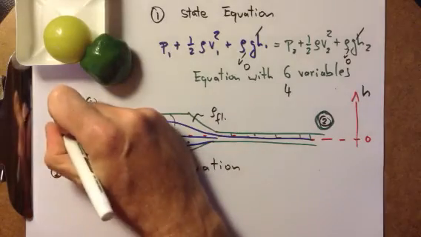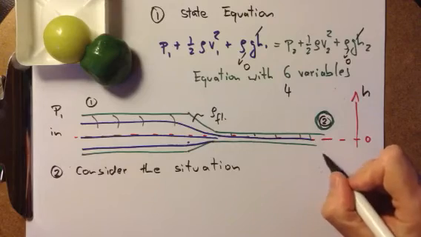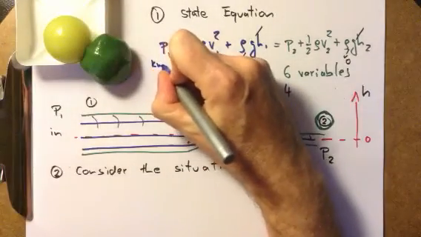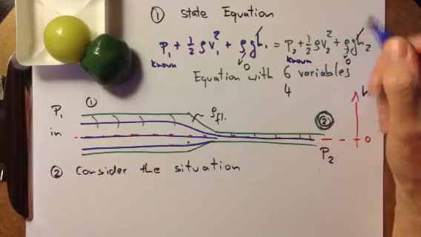But you might know the pressure on entry, or you could measure it with a manometer, and you might be able to measure the pressure on exit. So this might be known, and this might be known too.